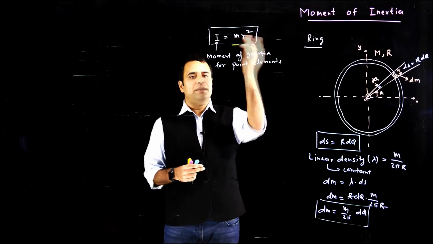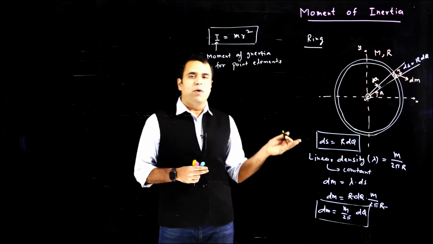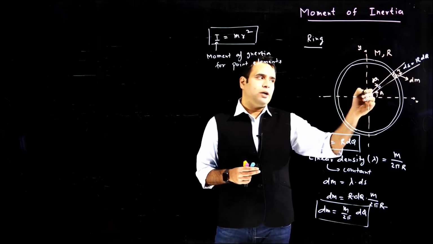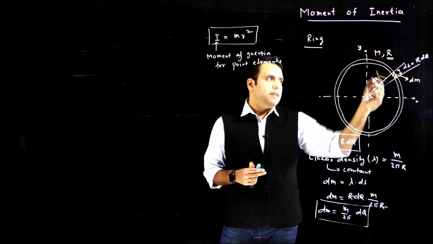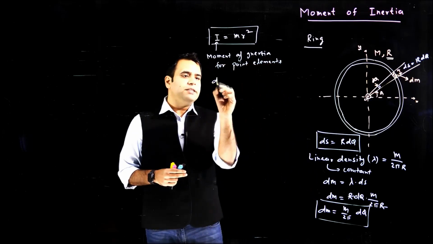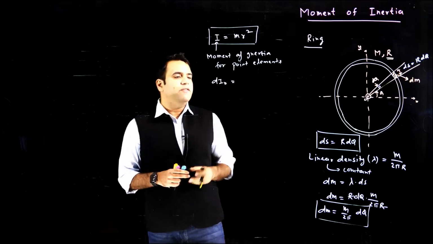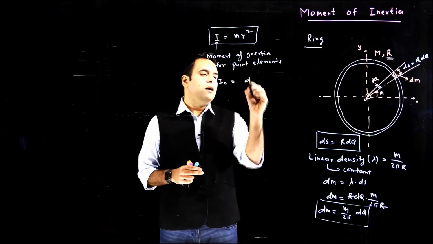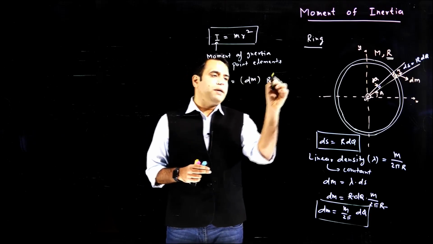In this formula, m is the mass of the point and r is the distance of the point with respect to the axis. So the distance of the point element in this case with respect to the axis is capital R. And the mass of this element is dm, which we have already calculated. So the moment of inertia for our element, dI_O, where O is the axis, will be dm into capital R square.